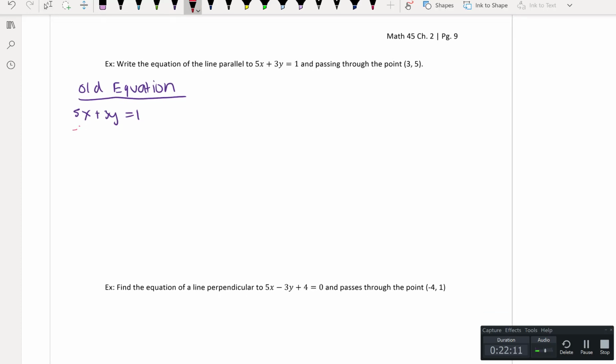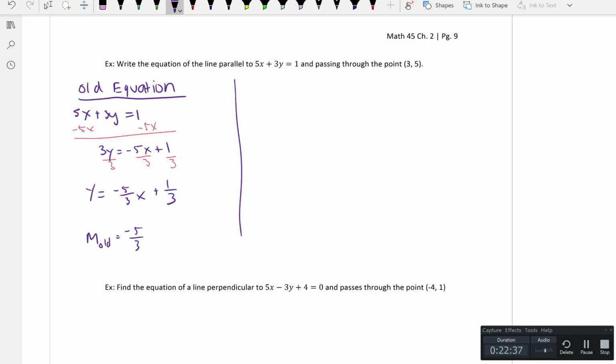So I am going to subtract 5x from both sides, so I can have 3y is equal to negative 5x plus 1. I'm also going to divide everything by 3, so I can get that y is equal to negative 5/3 x plus 1/3. So from here, I can say that my old slope is negative 5/3.